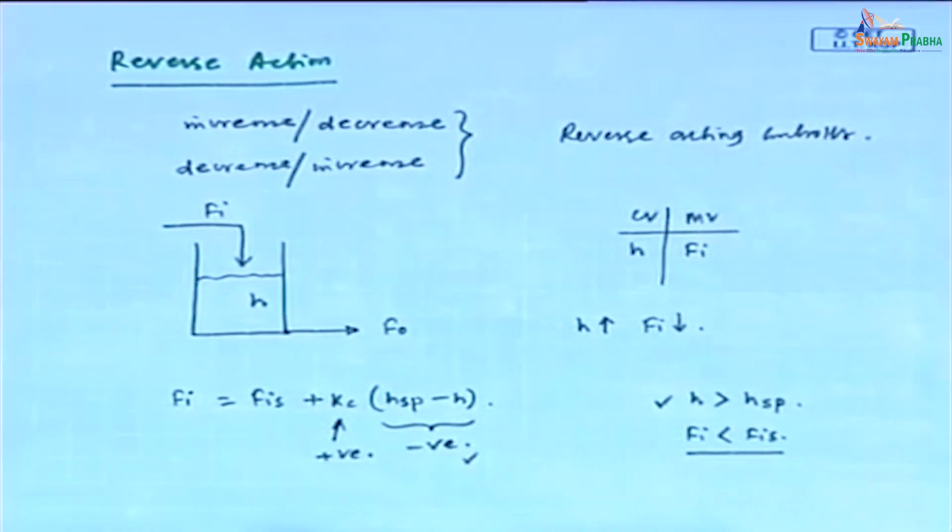To maintain Fi less than Fis, Kc should be positive. So, unlike a direct acting controller, the controller gain should be positive for a reverse acting controller.